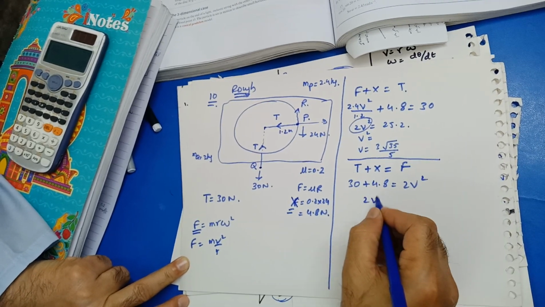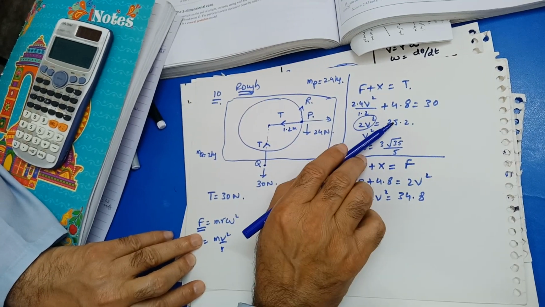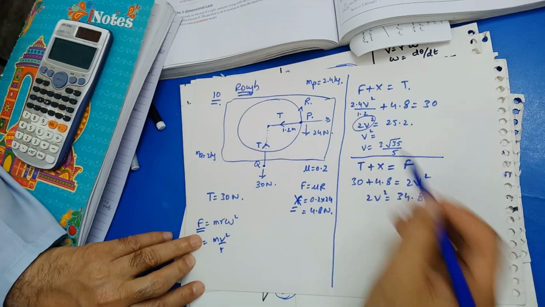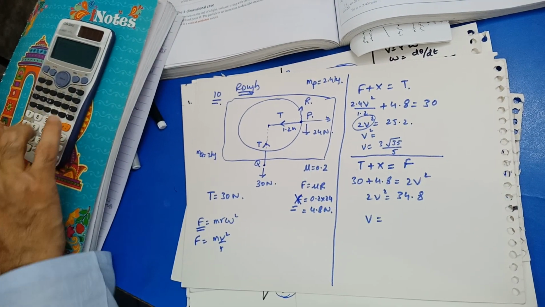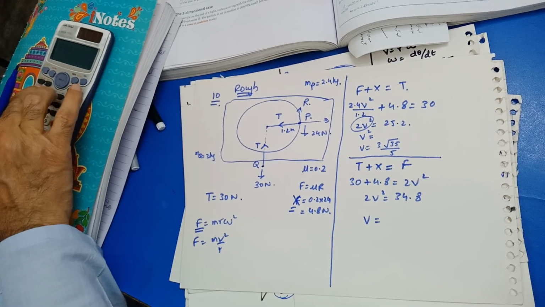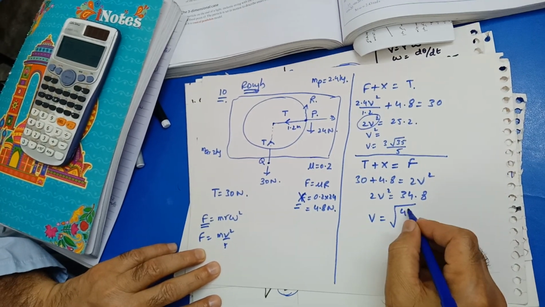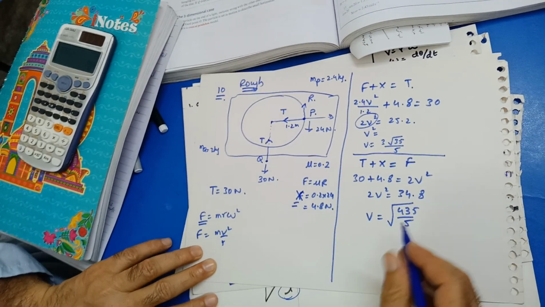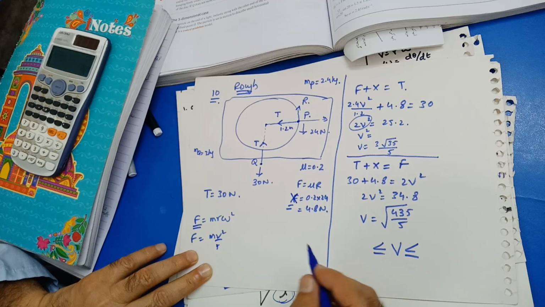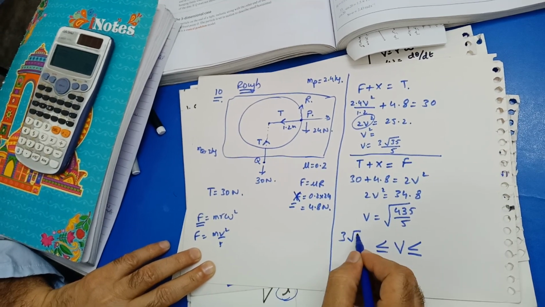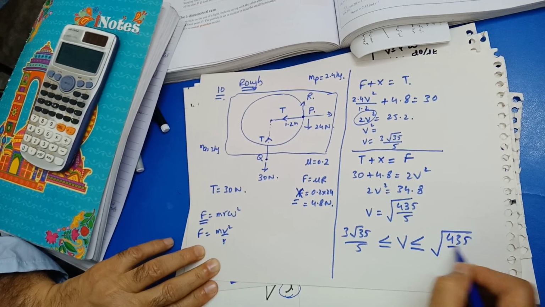So 2V square is 34.8. You see, the earlier 2V square was 25.2, so that is going to be the smaller value, and this is going to give us a bigger value. So this V is 34.8 divided by 2, and then we take the square root, and this is going to be the square root of 435 over 5. So this means it would be in equilibrium if V remains within 3 root 35 over 5 and root 435 over 5.